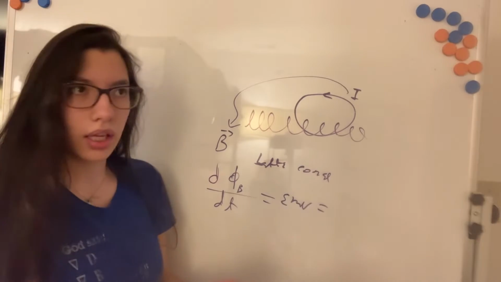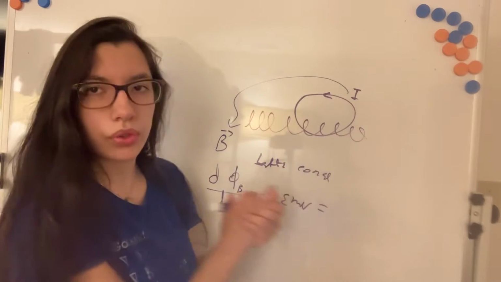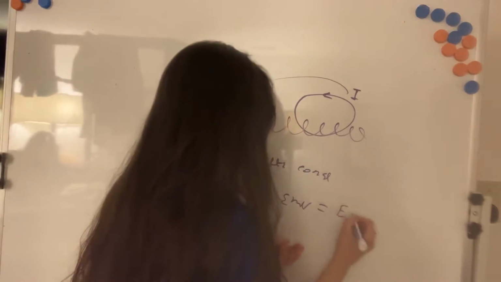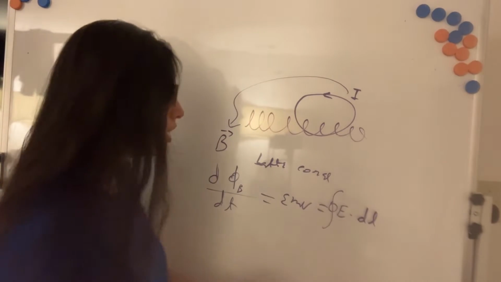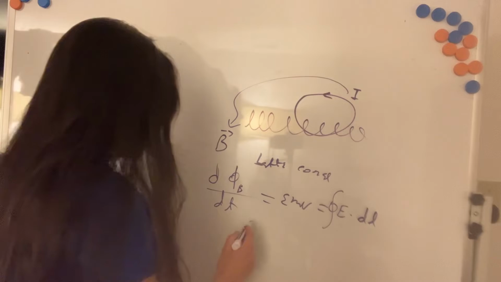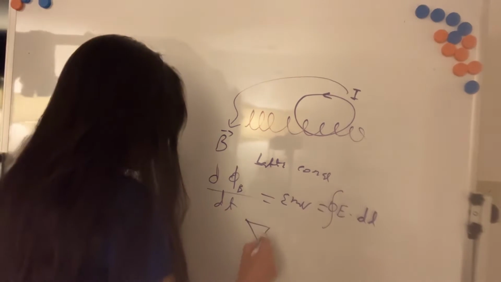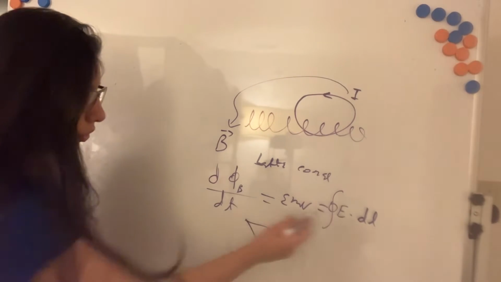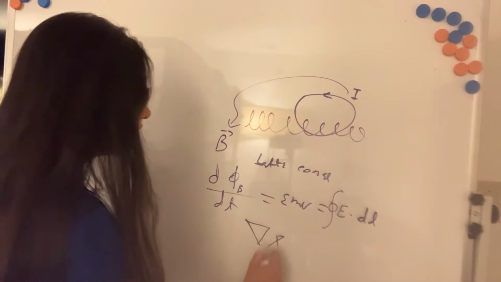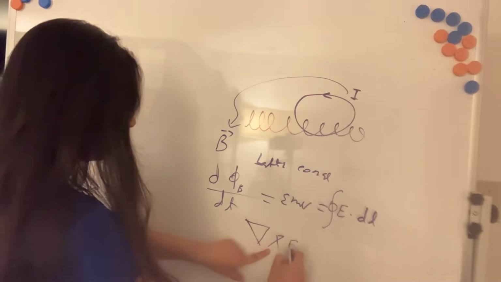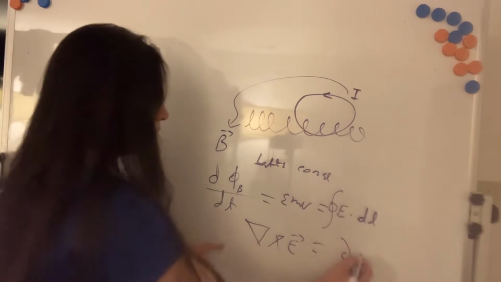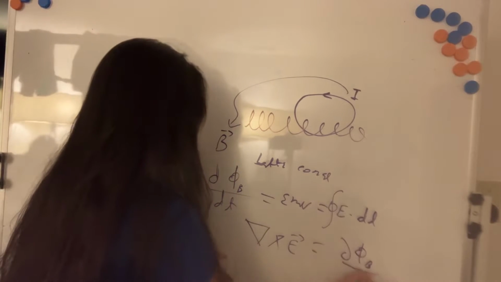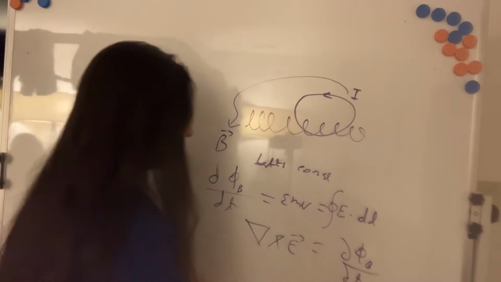We define it as the circulation of the electric field, the closed loop integral of E dot dl, or if you want the circulation, it is the curl of the electric field. This is equal to the partial derivative of the magnetic flux with respect to t.